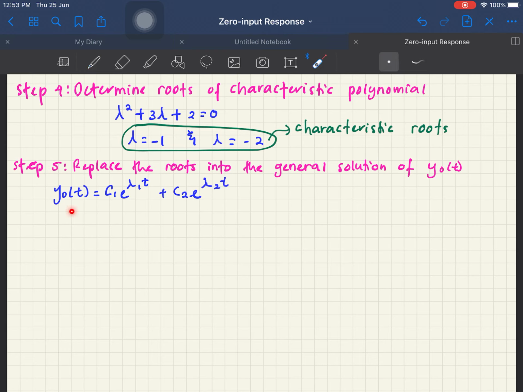This equation is given in the slide. If you watch the video where I discuss zero input response, you will know where this equation comes from. If you replace the roots, you will have y zero of t equals c1 e to the power of minus t plus c2 e to the power of minus 2t.